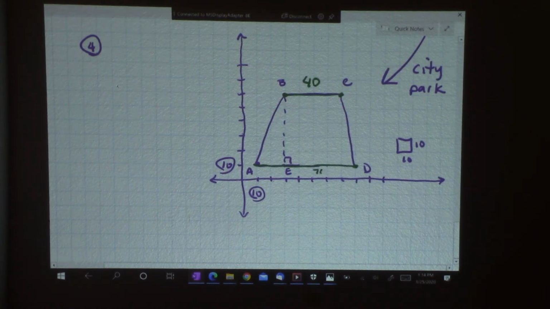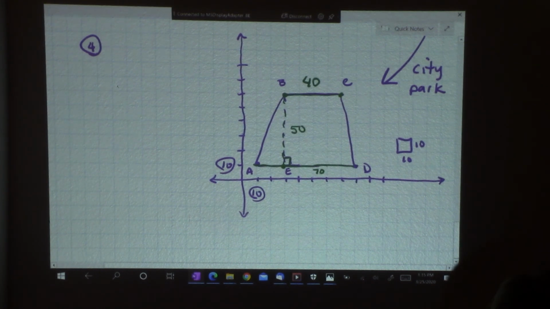So the whole thing is 70. Now, I don't need my diagonals because that's not part of my formula, but I do need my perpendicular height here. And that would be the difference between these 2 points. So from B down to E, that is 50. 1, 2, 3, 4, 5.